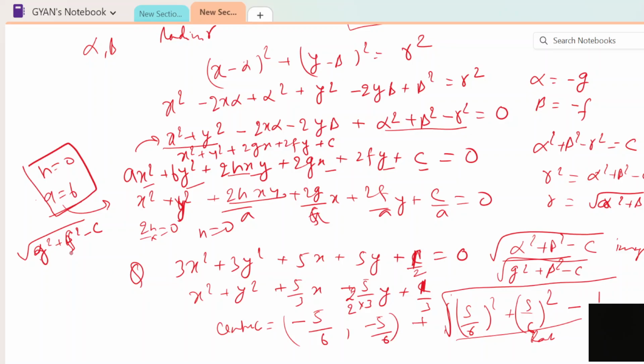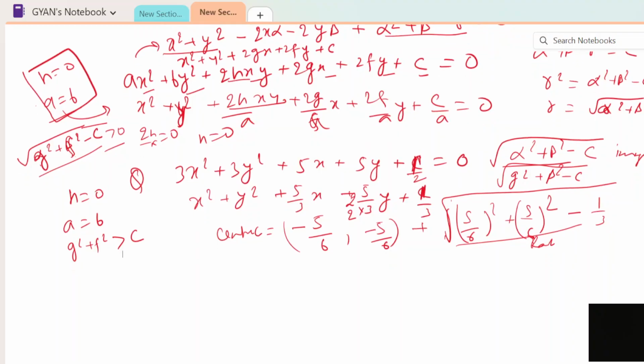So g square plus f square minus c should be greater than 0. Then the circle will be there, otherwise the circle will be imaginary. So first, h should be 0; second, a should be equal to b; and third, g square plus f square should be greater than c. Then you can make a circle.